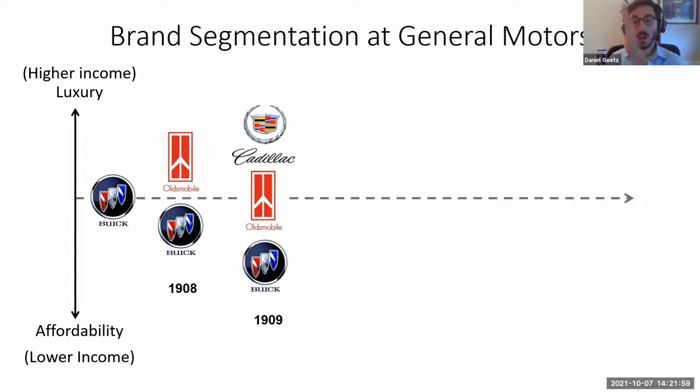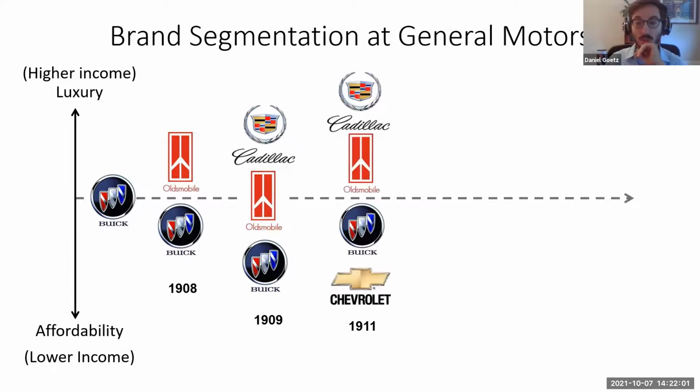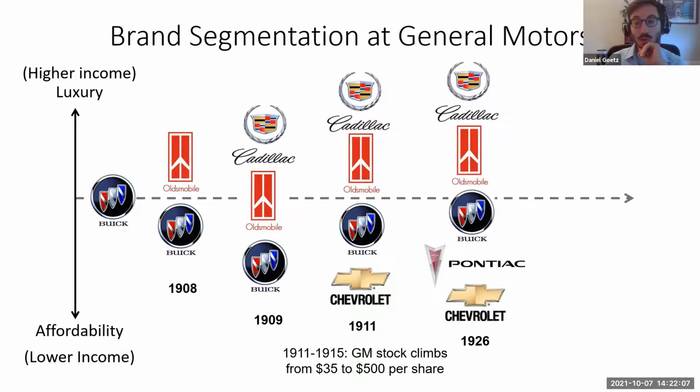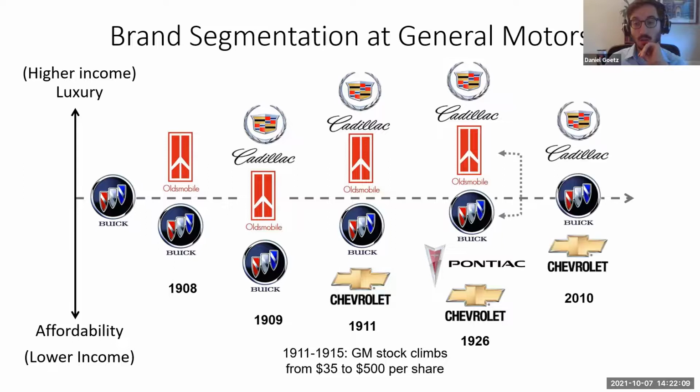As we go to the right, we're proceeding forward in time until they reached a point at which they got rid of some of their brands, right? So they had more and more brands, and then they got rid of some. Okay? So they were segmenting, and then they reduced the number of segments, or at least the number of products.